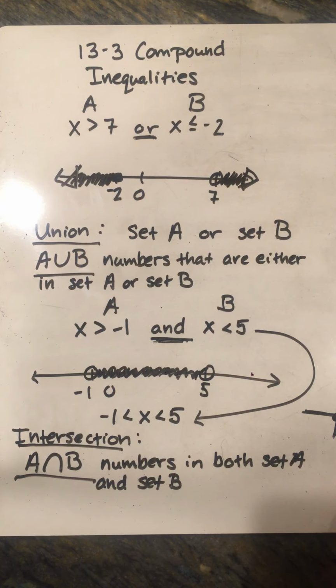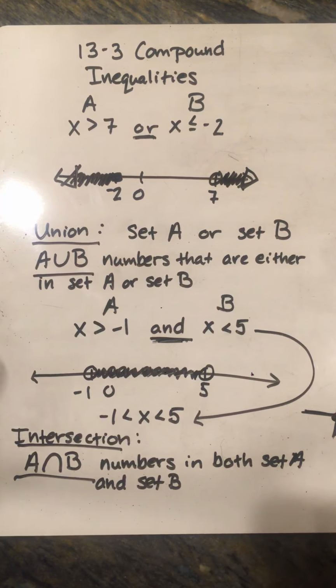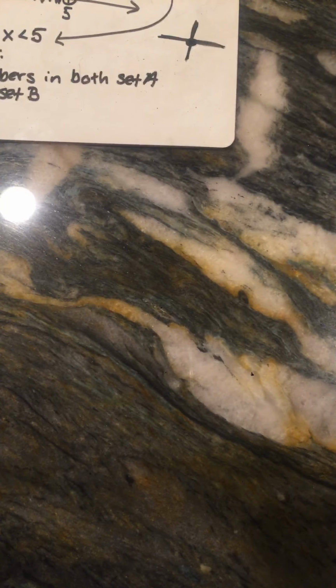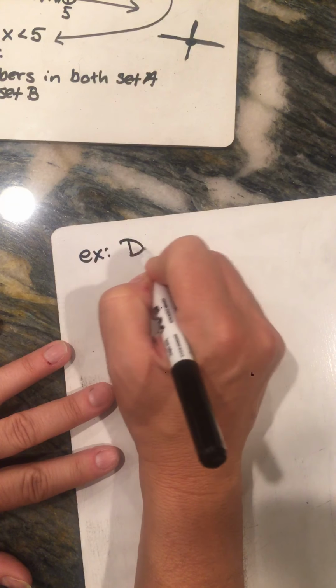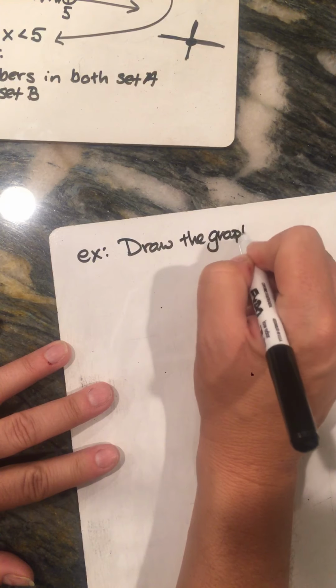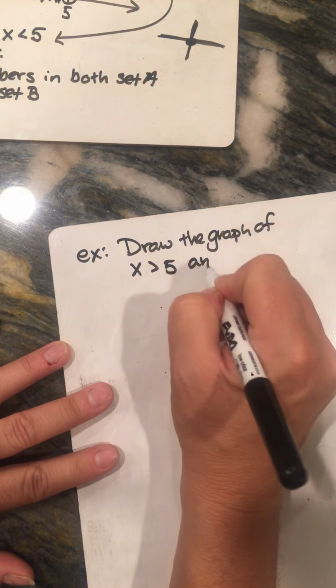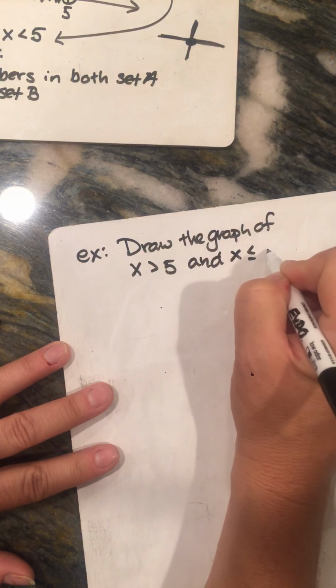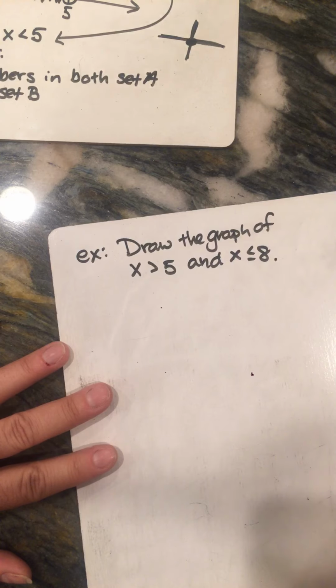Okay. So let's do an example. I should grab a new board. We're going to draw the graph of x is greater than 5 and x is less than or equal to 8. So do we have a union or an intersection on this one?